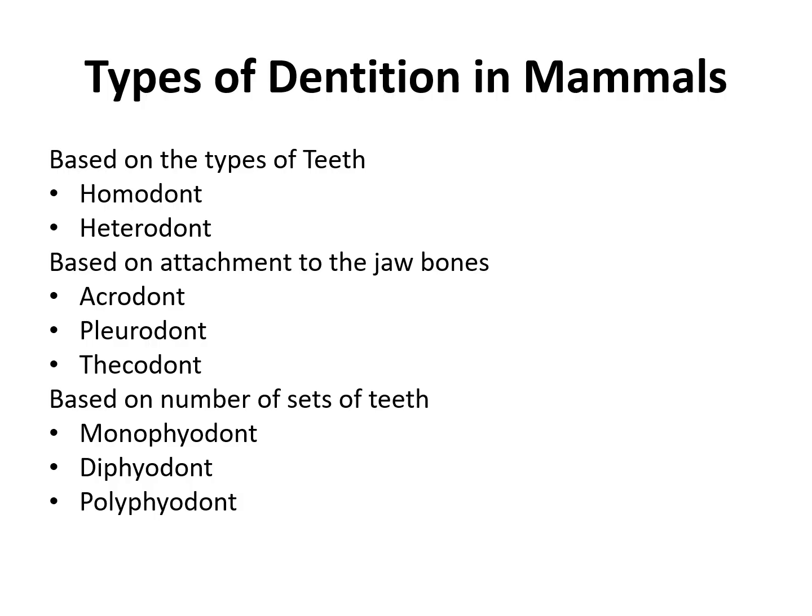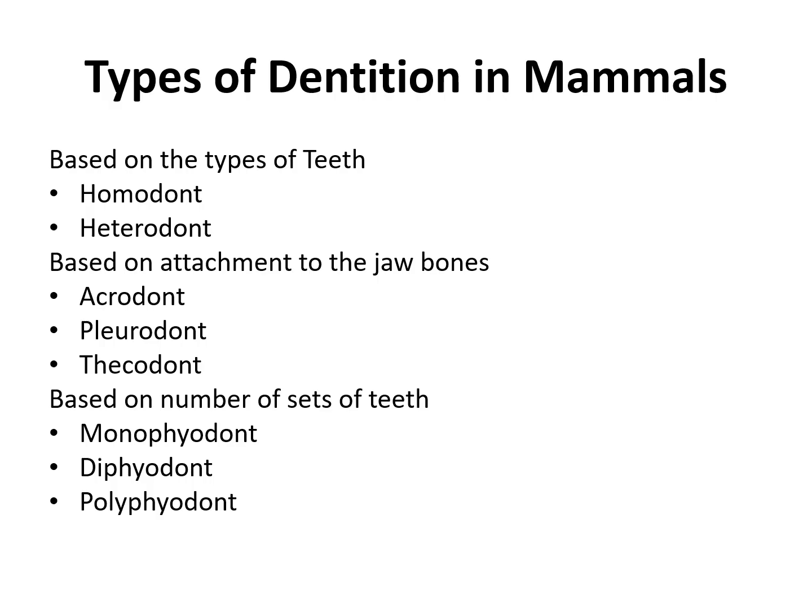Dentition in vertebrates can be classified in different ways. Based on the types of teeth, we have homodont, where all the teeth are similar, and heterodont, where teeth are specialized into different forms. Based on how teeth are attached to the jaw, they may be acrodont, pleurodont, or thecodont.